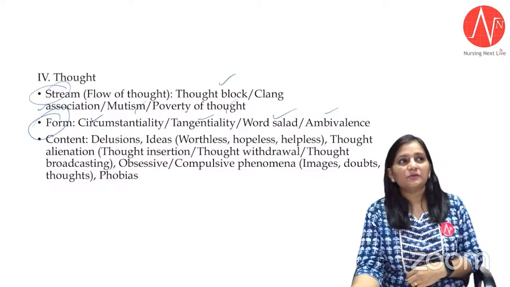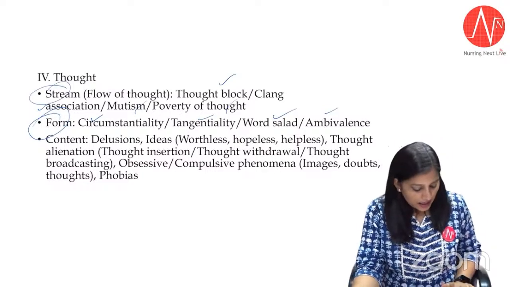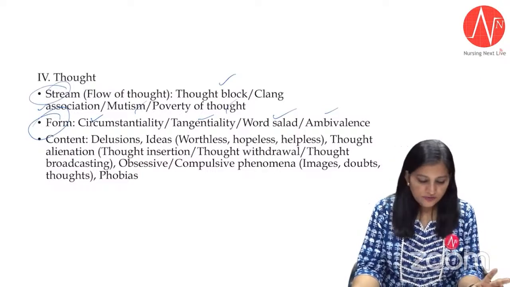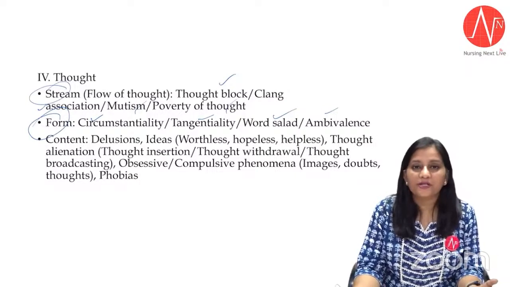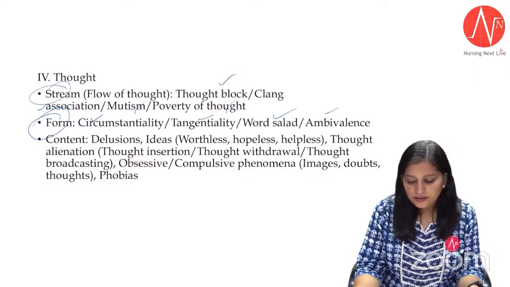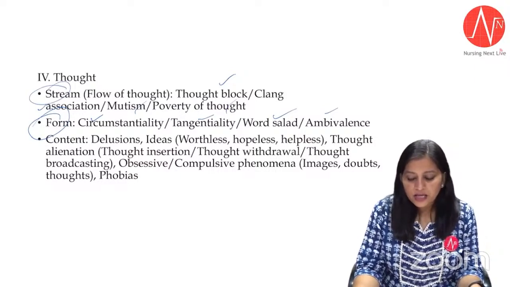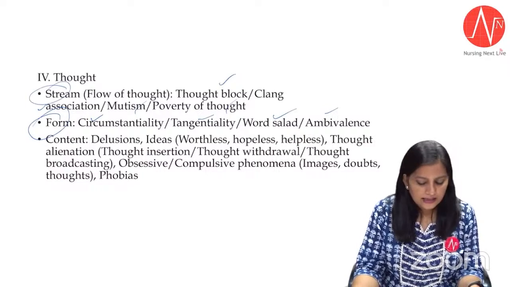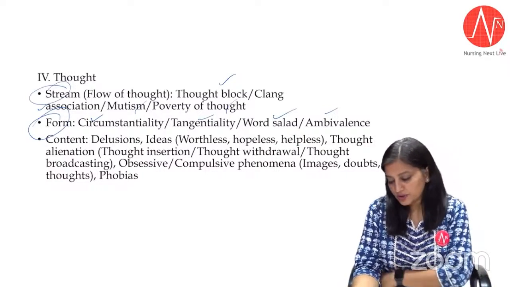Ambivalence means when the patient has two contradictory wishes for the same thing, same object, same situation, or same person. These mentally ill patients sometimes have ambivalence, and ambivalence is one of the characteristic features of schizophrenia, psychotic disorders.